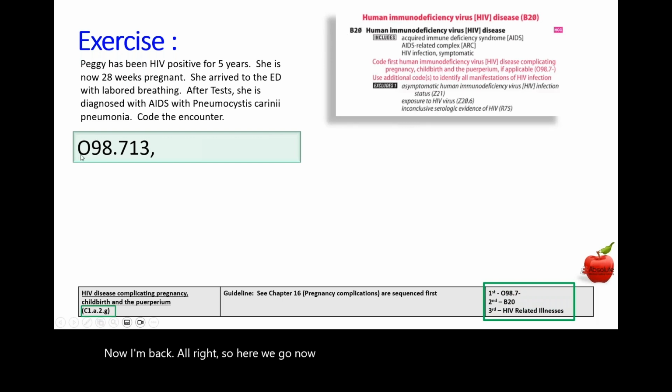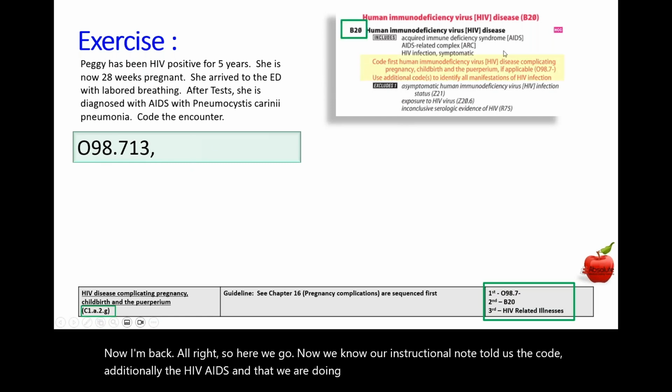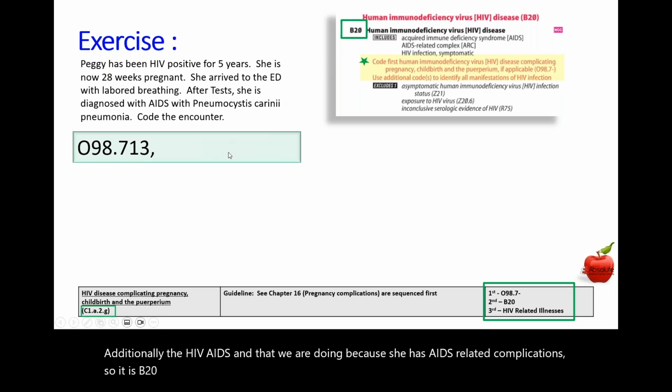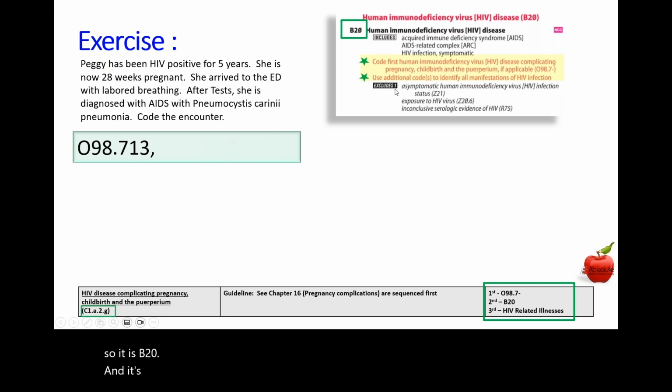All right, so here we go. Our instructional note told us to code additionally the HIV AIDS, and we are doing that because she has AIDS-related complications. So it is B20, and it's telling you how to sequence.